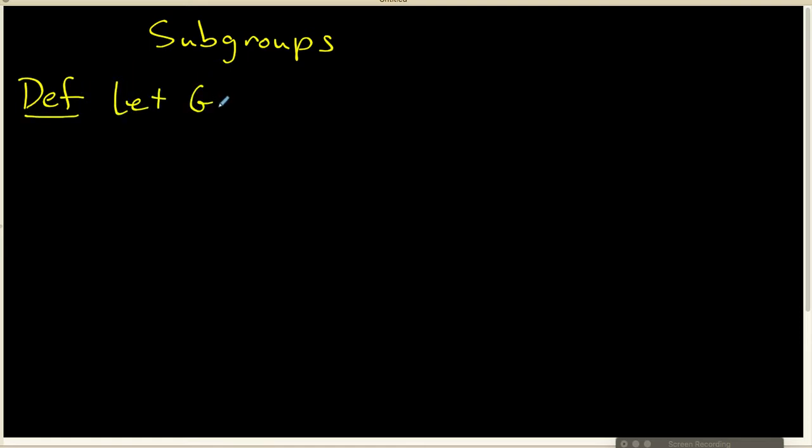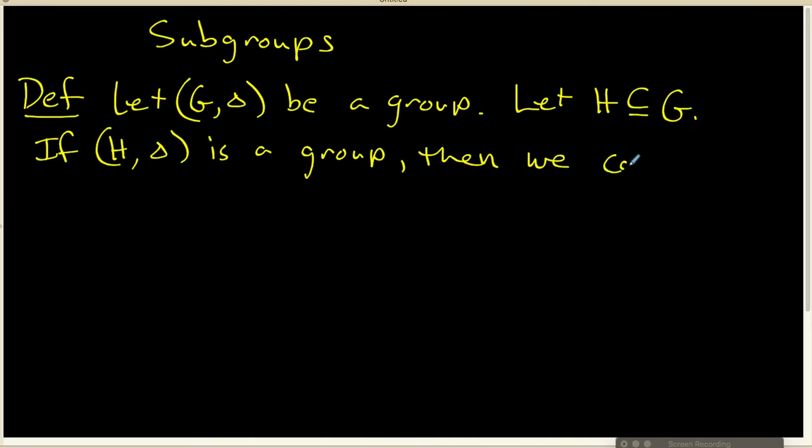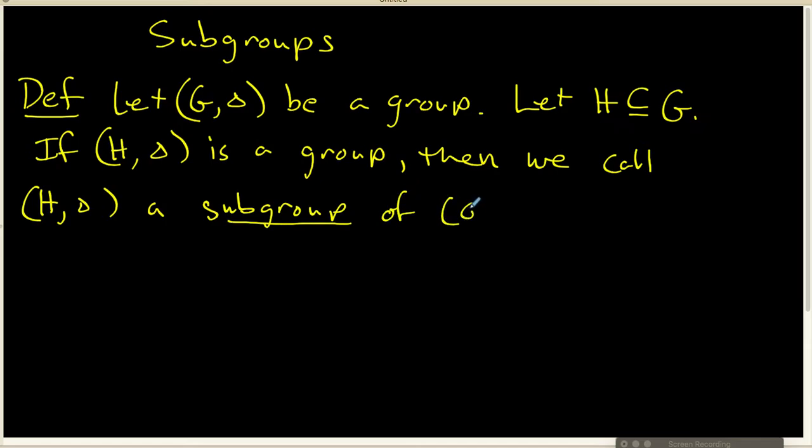We are going to let G under triangle be a group. And I'm going to let H be some subset of G. If H under triangle, the same binary operation that G uses, is a group, then we call H under triangle a subgroup of G under triangle.